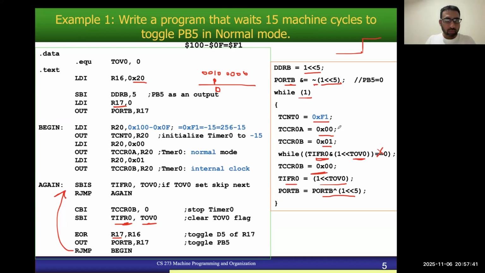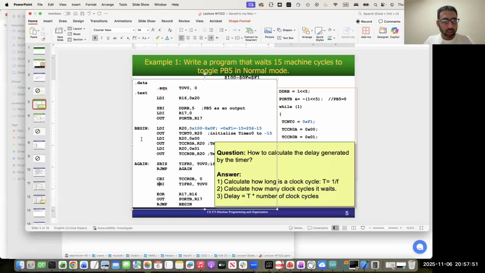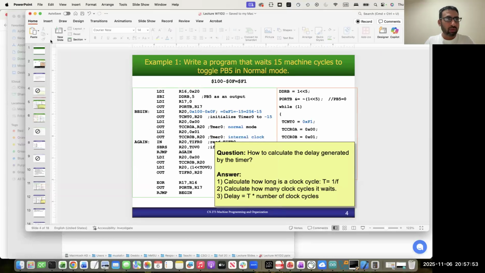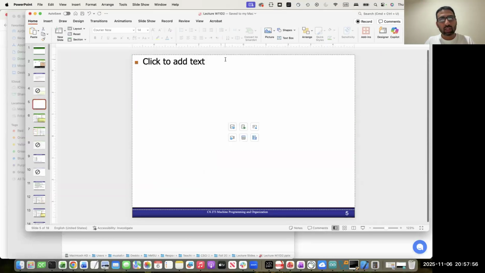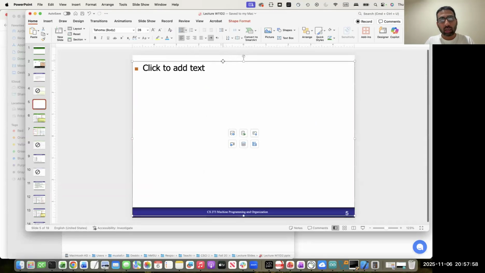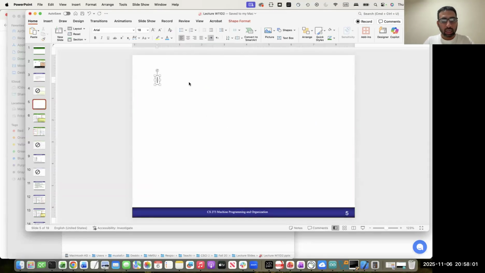Okay. Before I go to this question, I just want to clarify something. Remember in one of the previous slides, or in the previous lecture, we talked about low and high directives, right? For example, let's say I have load immediate R16, low 0xF024.